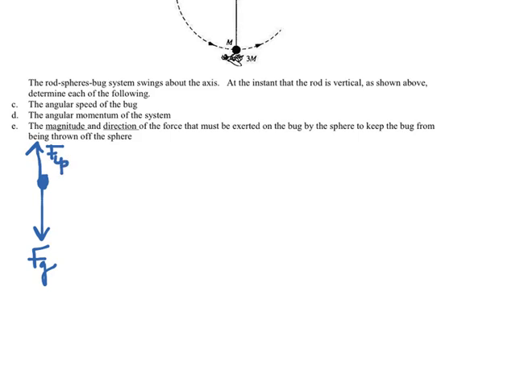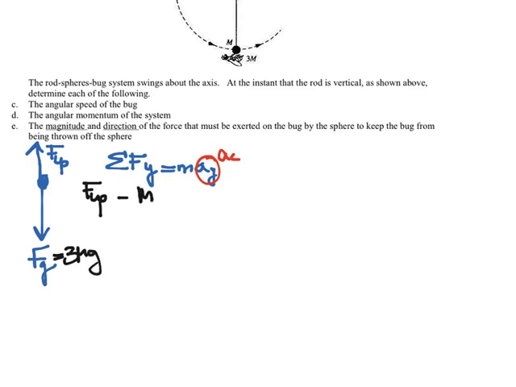Now, we know because this bug is going around in a circle that sigma Fy equals may, and that ay has to be equal to ac. It's going around in a circle. So F up, which is what we're trying to find, minus Fg, and by the way, this is going to be 3mg. So F up minus 3mg is equal to, and I'm going to put a 3 in front of our mass because our bug has a mass of 3, ay.